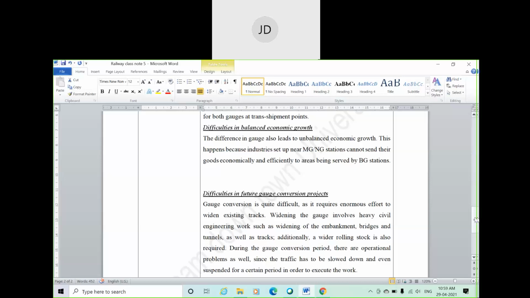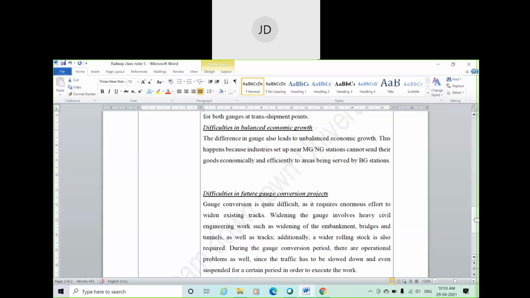Now I think you know that narrow gauge is smaller in width compared to the broad gauge. That means if you want to provide a broad gauge, you need a larger area in cross-sectional direction. You need a larger length of sleeper, a larger amount of ballast, a larger amount of embankment or foundation.